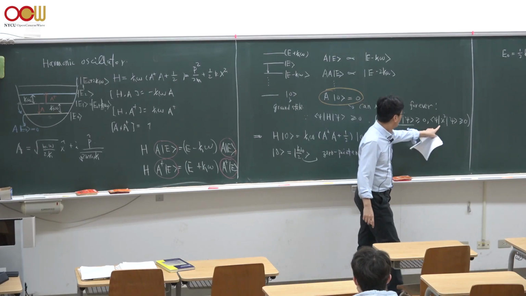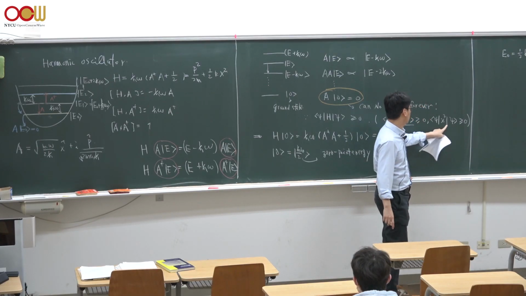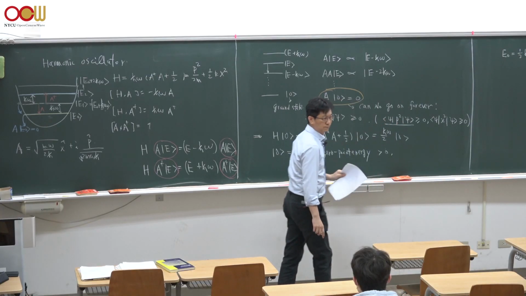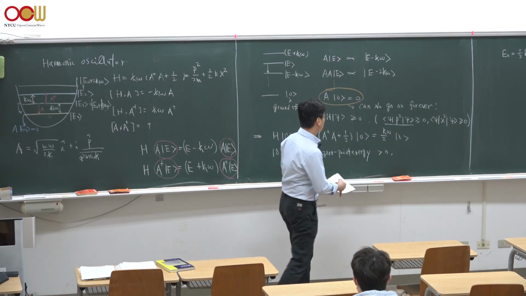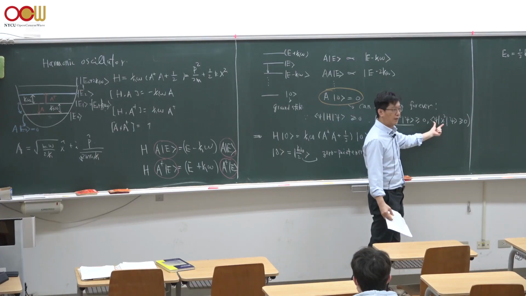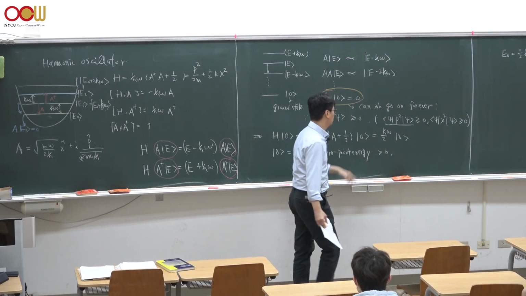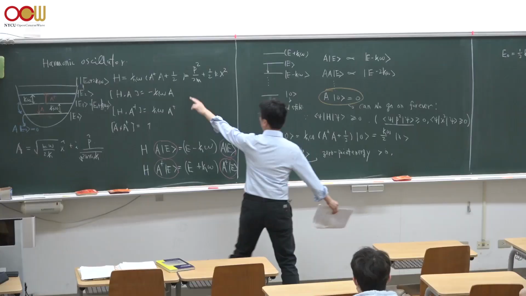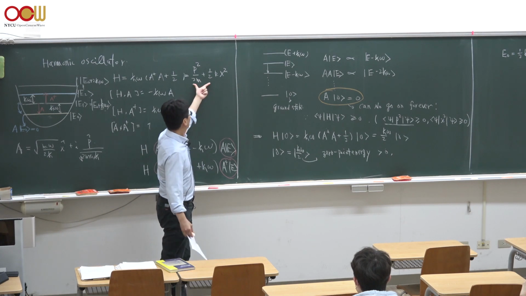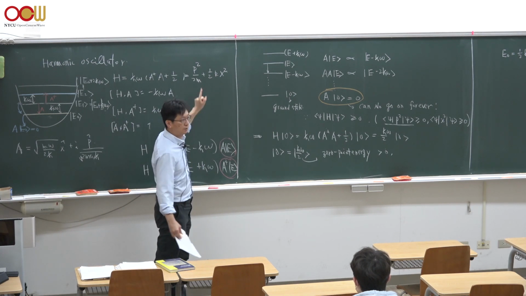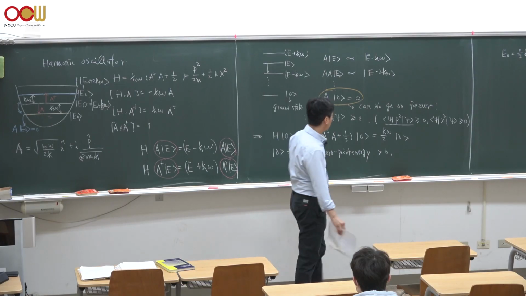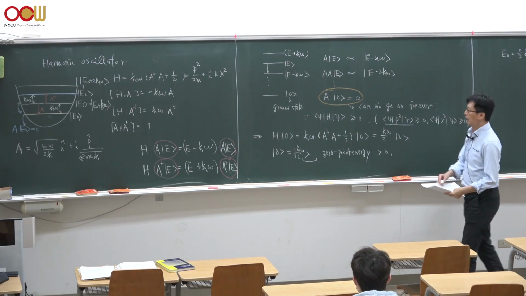Similarly, the expectation value of x squared is always positive or 0. As a result, when you sum p squared and x squared with their coefficients, which are both positive, K is positive and m is positive, everything is positive, so you cannot have a negative eigenenergy.